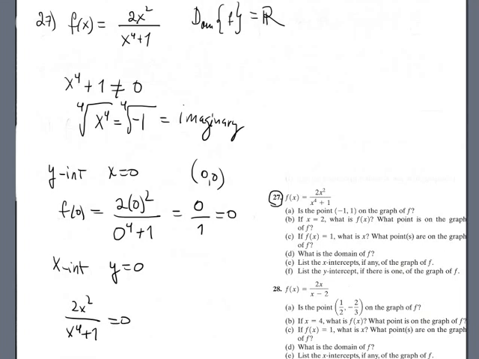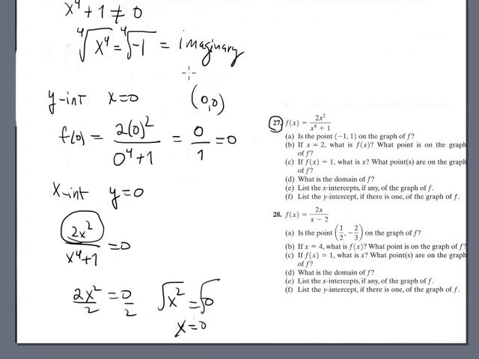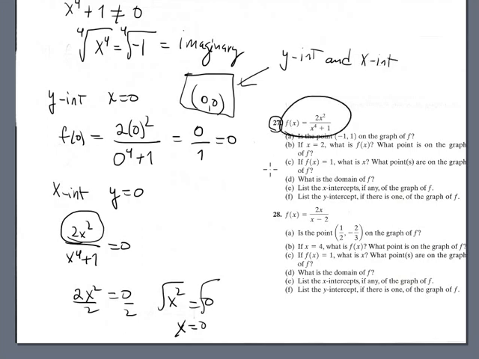Remember, when you have a fraction equal to 0, the only way is for the top part to be 0. 2x squared equals 0, divided by 2, of course, square root both sides, it's obviously 0. And again we have exactly the same. In this case we have only one intercept. This is the y-intercept and x-intercept at the origin in this function. That's it.